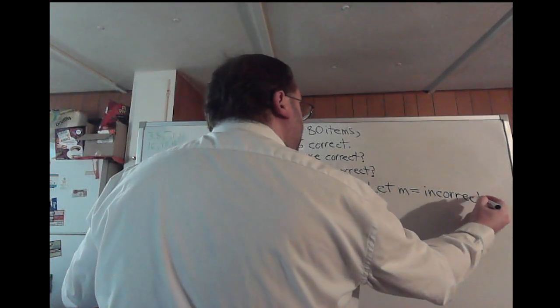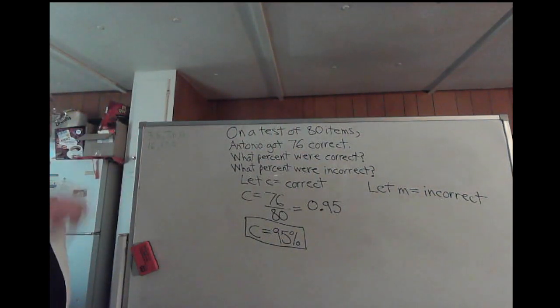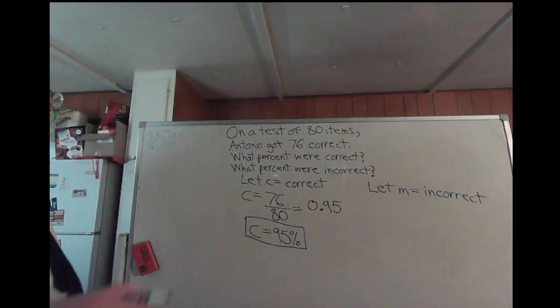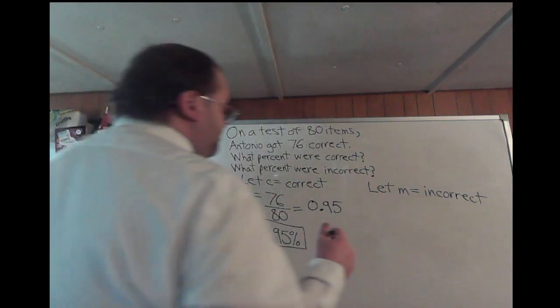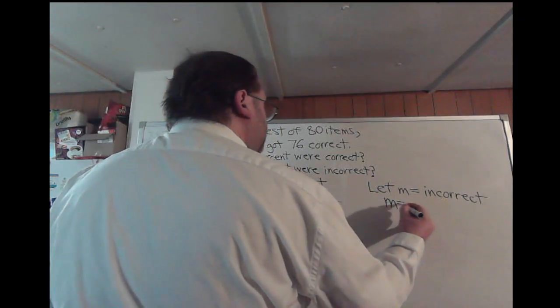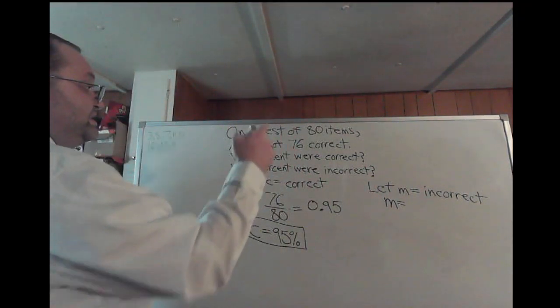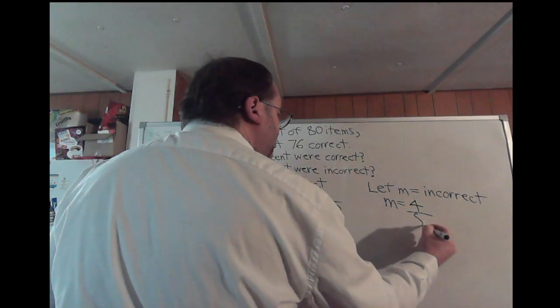I don't want to say I. There is a reason I will not use I as a variable. It's way in the future in Algebra 2, but I actually has a numerical value. I'm not going to go into it today, but I don't want to use I as a variable. So since he got 76 out of 80 correct, that means he got 4 out of the 80 incorrect.